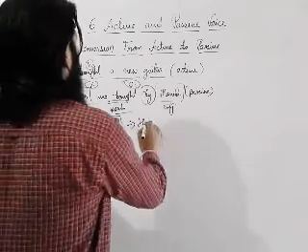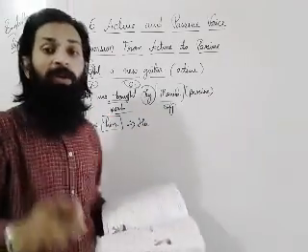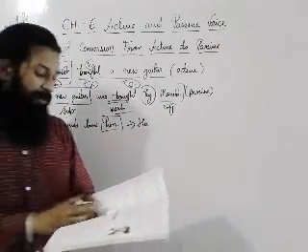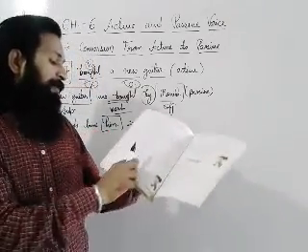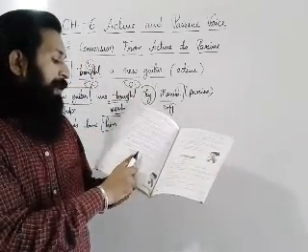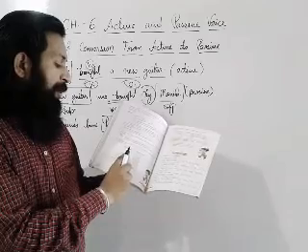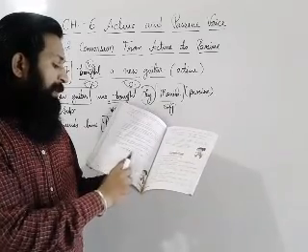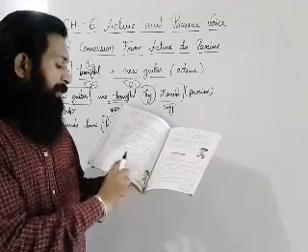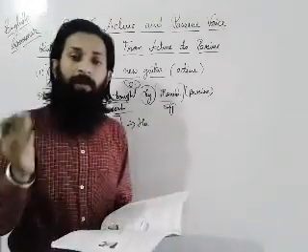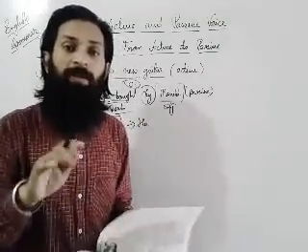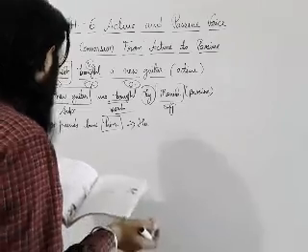Whatever we are doing to the personal pronoun, it will have to change. According to that, the noun table is already given in your textbook. You can see the subject pronouns and object pronouns already mentioned: I will be changed to me, you will be you, he will be changed into him, she, her, it, we, us, they, them. Whenever you are going to change subject to object, or object to subject, you have to follow the rule.